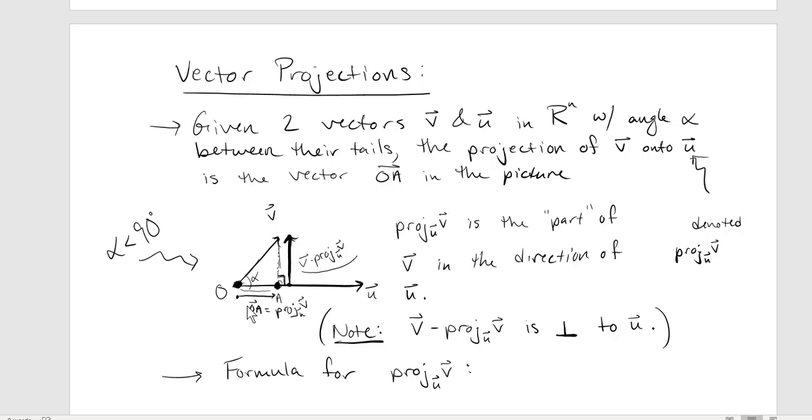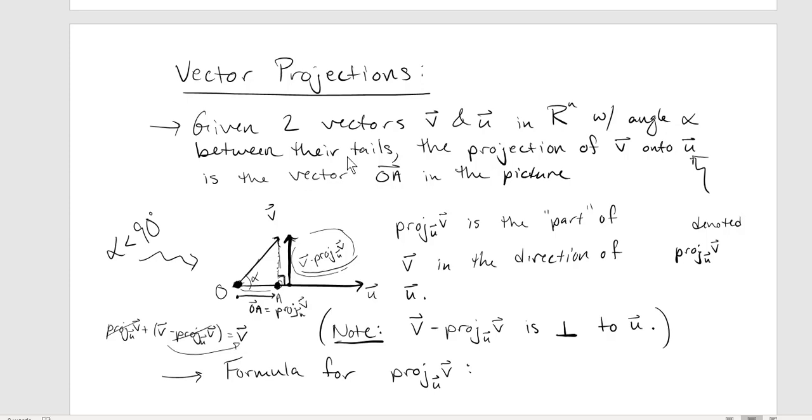If I have u along the horizontal down here and v up here, this little projection vector down here, if I add it to this guy, I get v back. So all we're really saying is that the projection vector plus v minus the projection vector gives us back the vector itself. These cancel, we just get v back. That's all we're saying here.